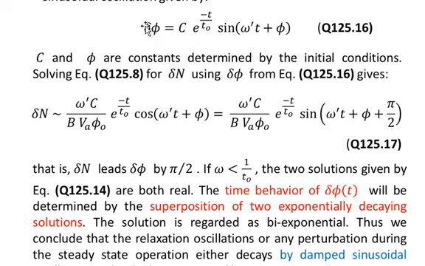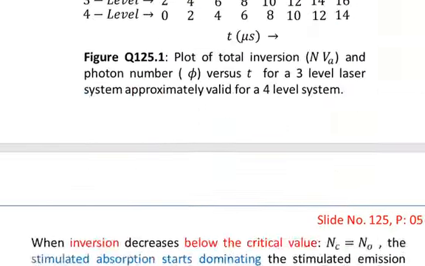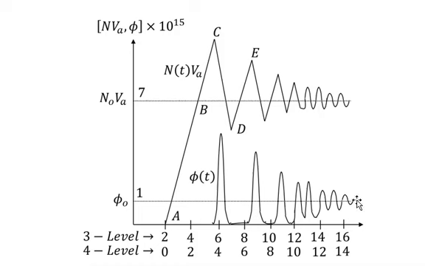So you see that this delta phi is actually the small variation in the number of photons, and this delta n is the small variation in the population inversion. That is, we are talking about this region for delta phi and this region for delta n.